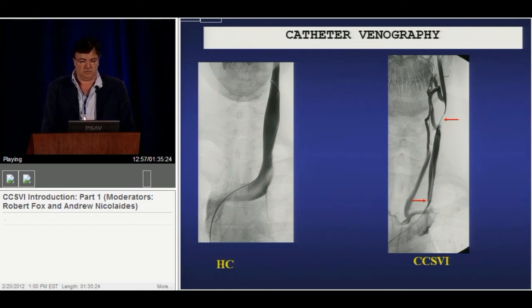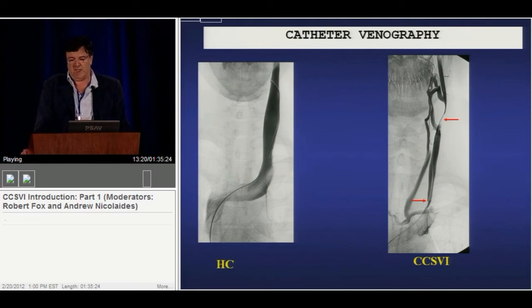So we chose a conservative, very simple treatment because at that time there was no evidence at all of the role of this stenosis.